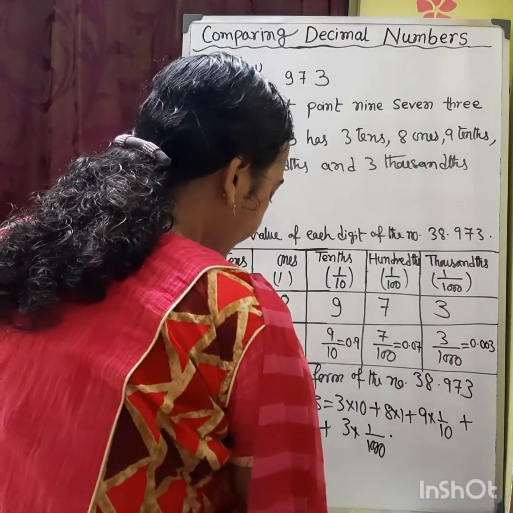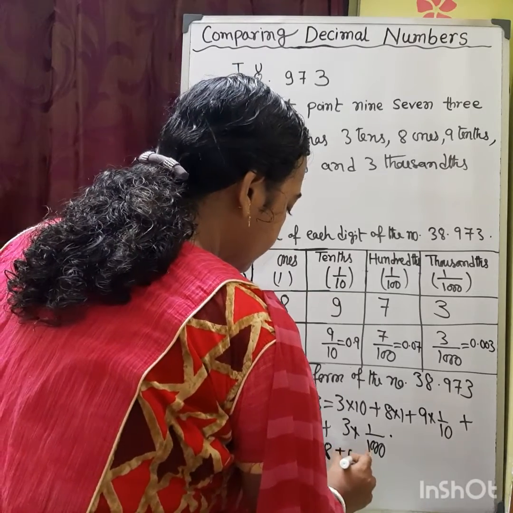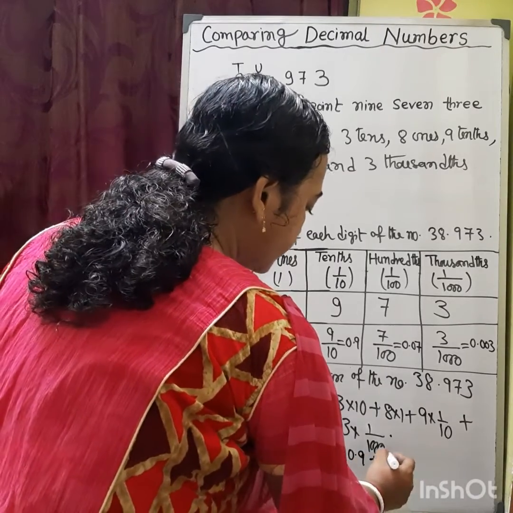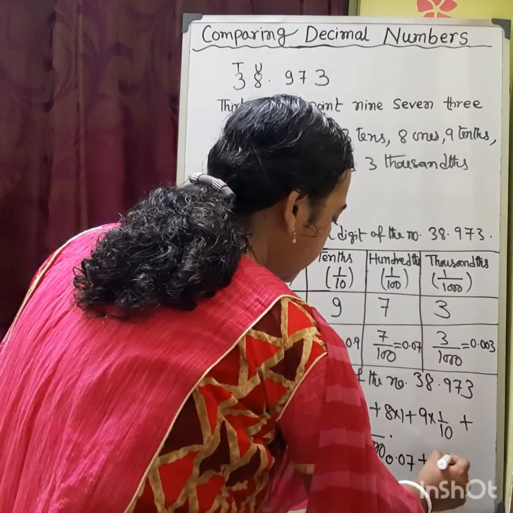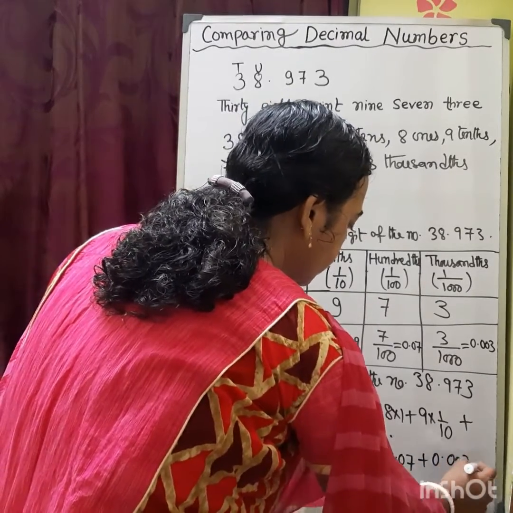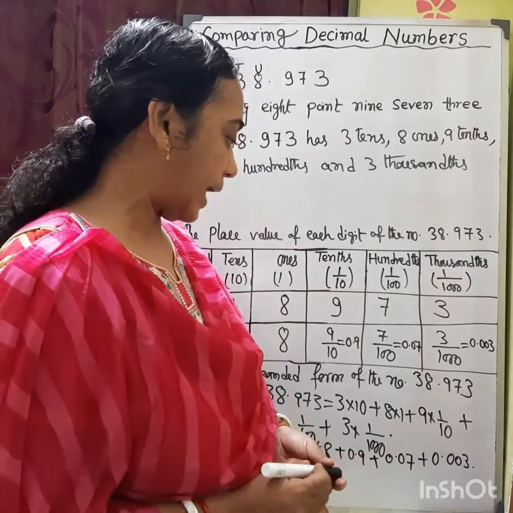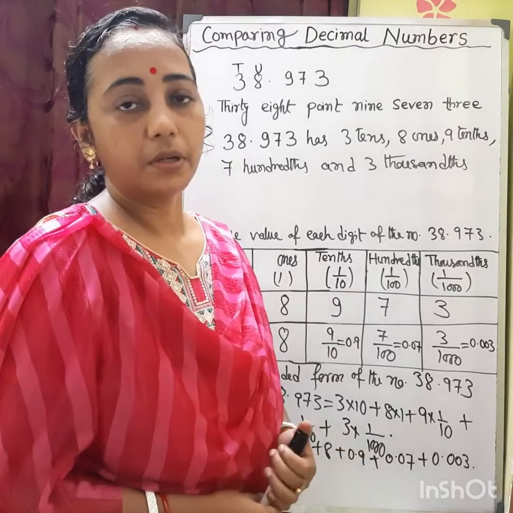This can also be written as 30 plus 8 plus 0.9 plus 0.07 plus 0.003. If we add all these numbers, we will get the result 38.973, which is the decimal number here.